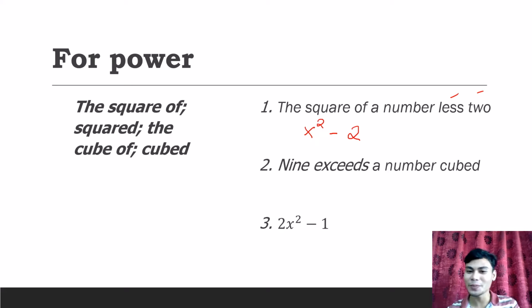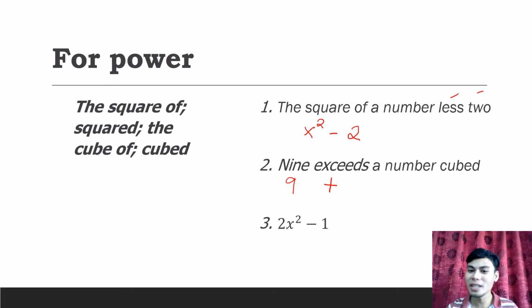Okay, example number 2. 9 exceeds, there are clues, right? Exceeds meaning it's plus. Again, if you have not watched the first video, part 1, please do watch before this. Okay, 9 exceeds a number cubed. So, when we say exceeds, it's plus a number cubed.